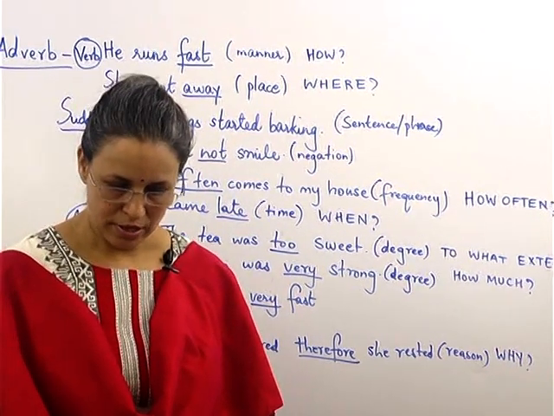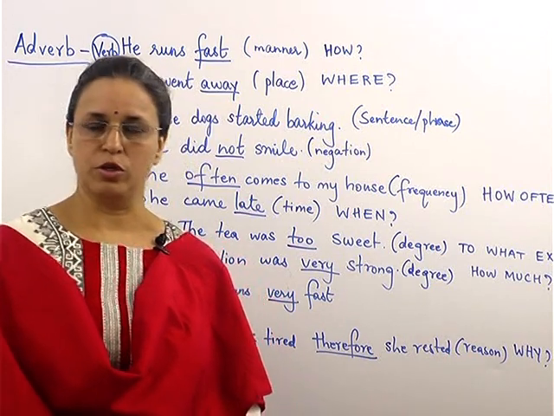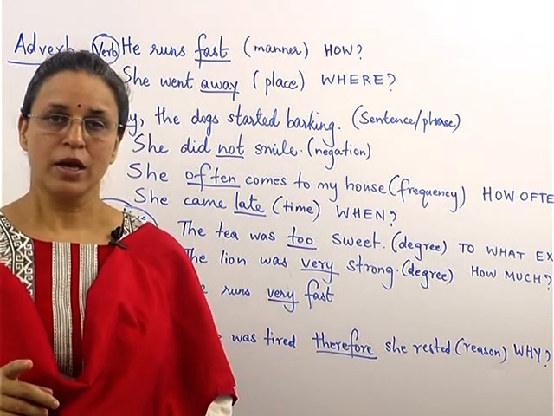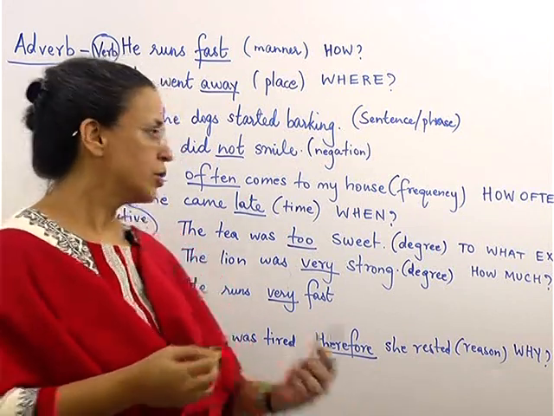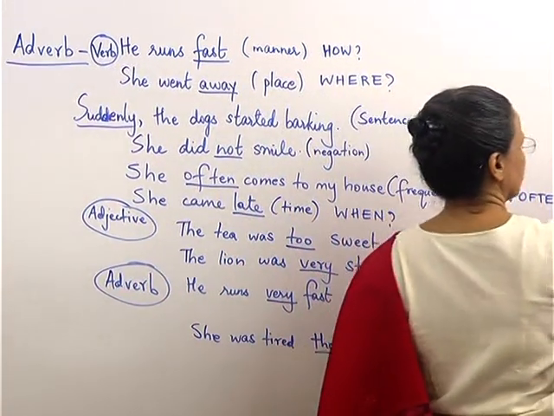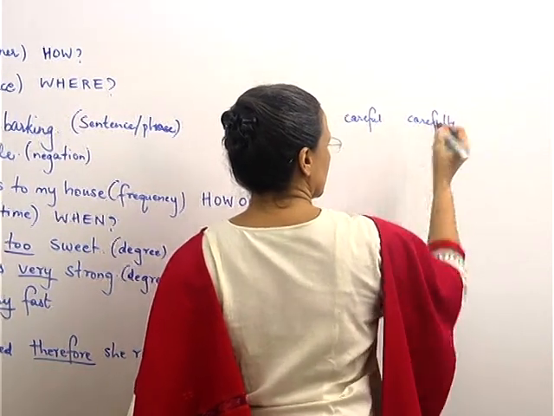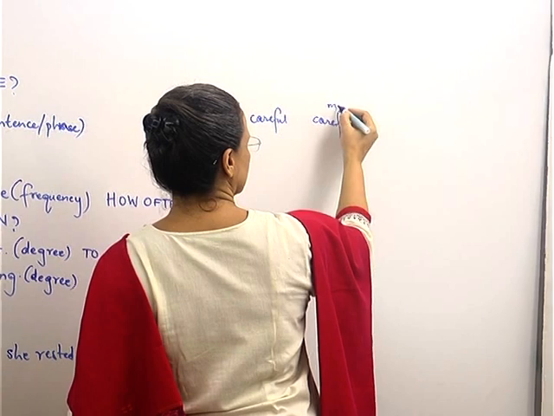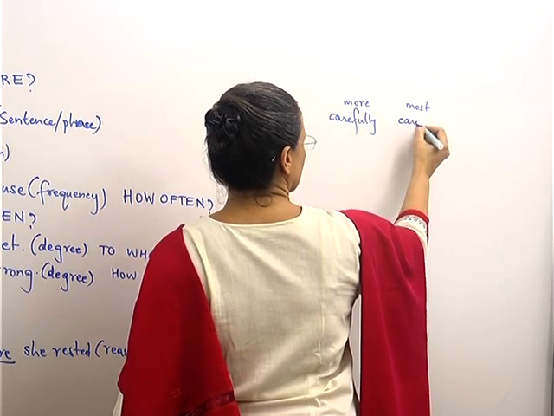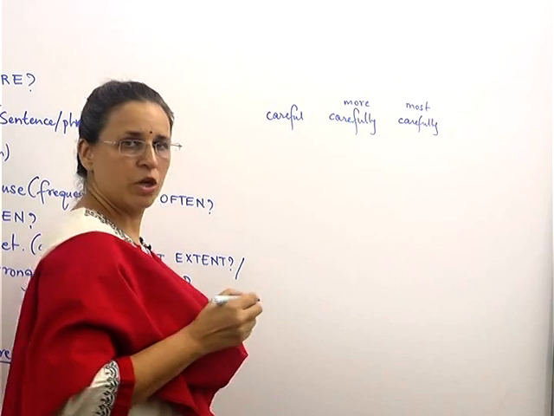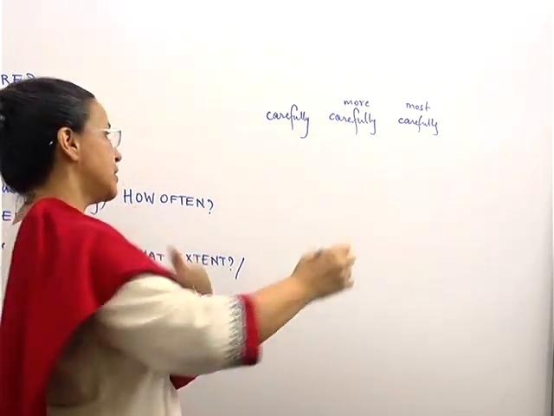Now if you look at the next sentence, we can use more or most with some of the adverbs also. Now be careful. Adverb is different from adjective. Careful is an adjective. Carefully is an adverb. So how did she do it? Carefully. So carefully, more carefully, and most carefully is adverb.